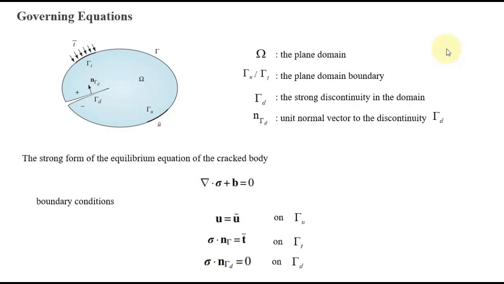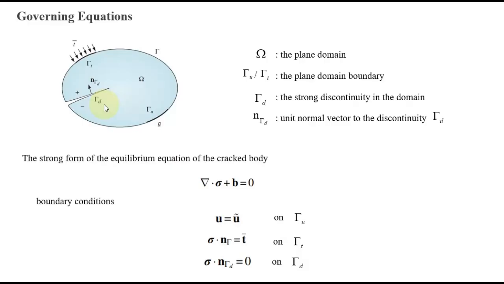This is one of the key advantages of XFEM. We consider a 2D domain omega crossed by the discontinuity gamma sub d.